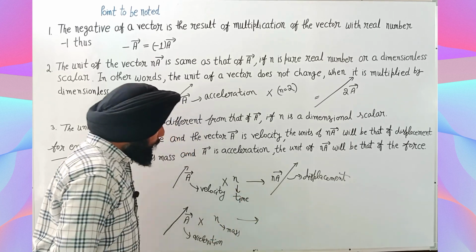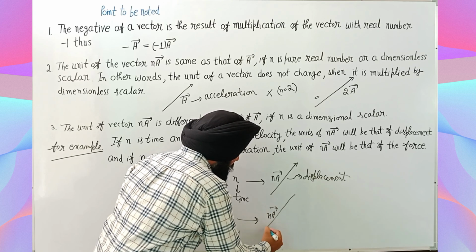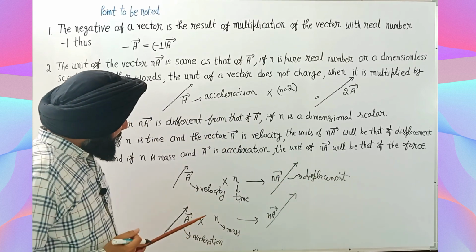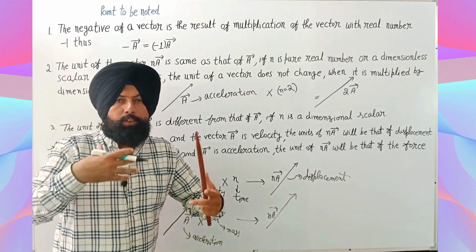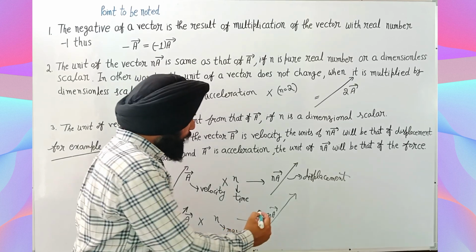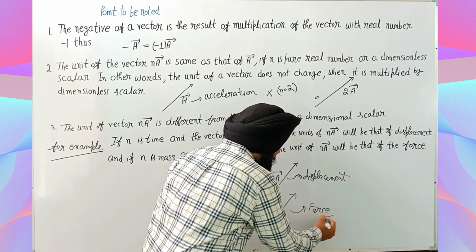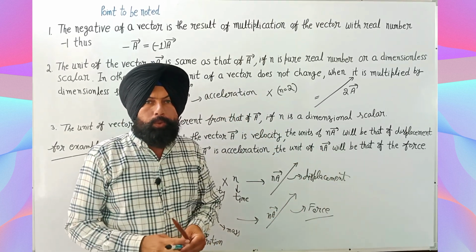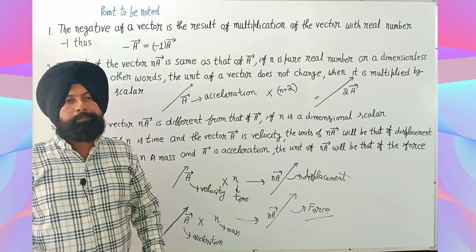Now the new vector n a vector, we know very well, mass into acceleration, that is force. So the new vector represents force. So these are the 3 points we have discussed.